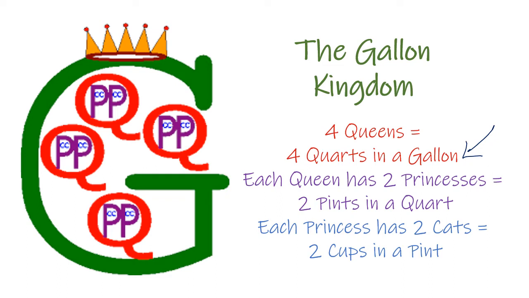So there are 2 Ps inside of each Q. That tells us that there are 2 pints in 1 quart, or 2 princesses for each queen. And then lastly, each princess has 2 nice cats. So the little tiny Cs you see in the middle, that tells us that there are 2 cups in each pint. So if you can remember how to draw that, that will help you tremendously.